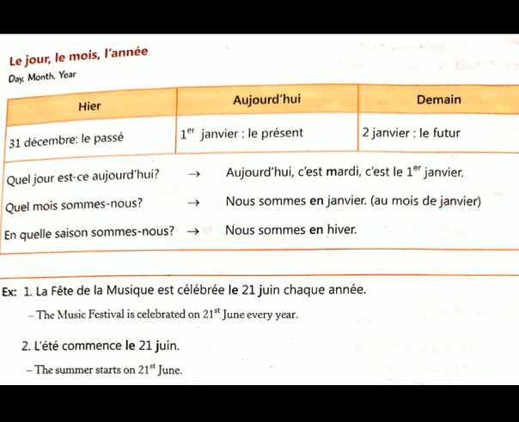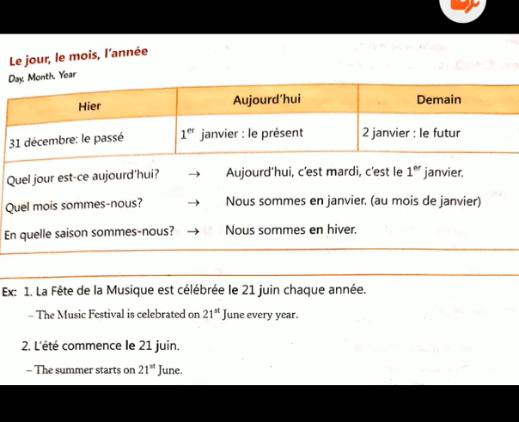Only January, then en; and the month of January, then you use de. Now third is season. Which season? You have to put en. Okay, en.